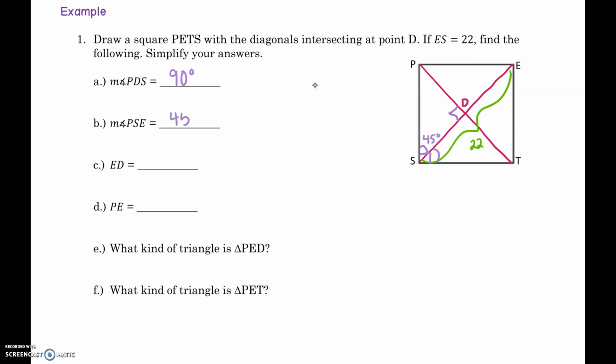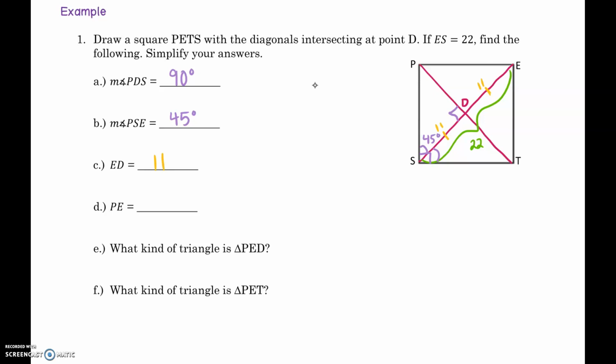So we know that PSE measures 45 degrees. Next, we have ED. We know that the diagonals bisect each other, so SD is congruent to DE. We know that the entire segment SE or ES is 22. So if we divide 22 by 2, we know that ED is 11 and SD is also 11.